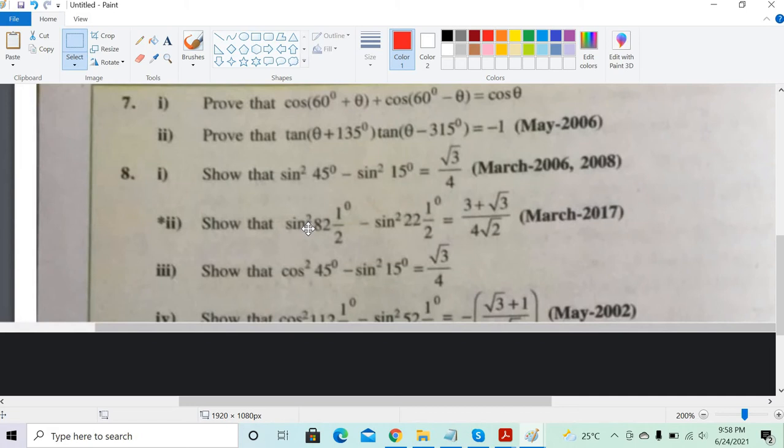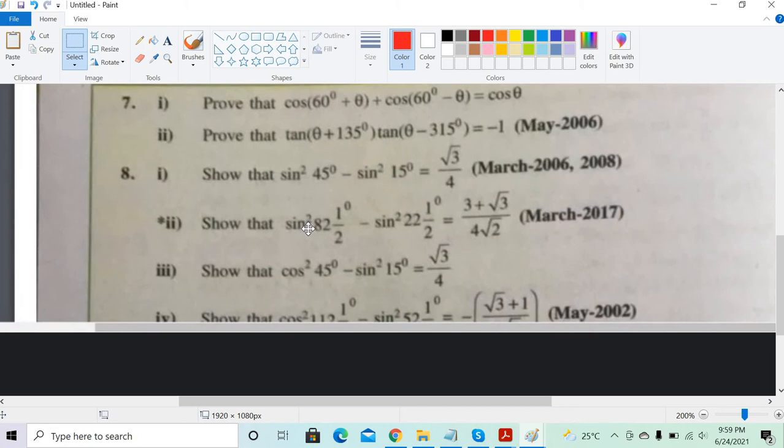Now we get 1 by 2 minus 4 minus 2 root 3 by 8. So this we can cut by 2, so this 2, this will be 4. So 1 by 2 minus 2 minus root 3 by 4.